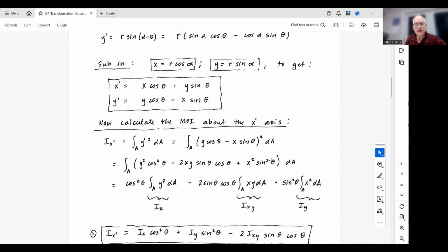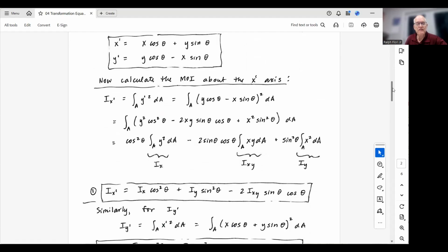This last term, we factor out a sine squared theta. This is the integral of x squared dA, but that's Iy. And finally, the middle term, you can factor out a 2 sine theta cosine theta, and you're left with the integral of xy dA, but that's Ixy.